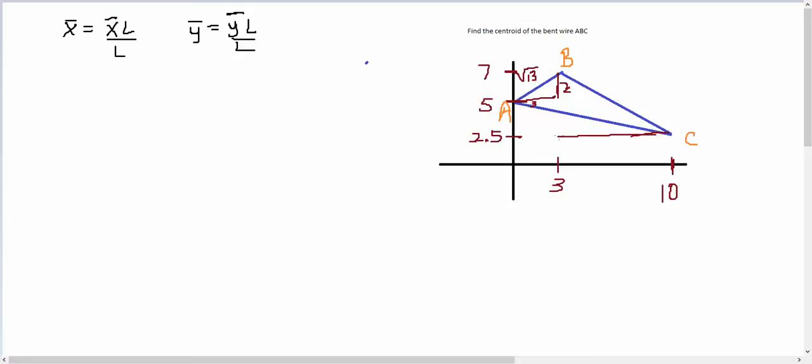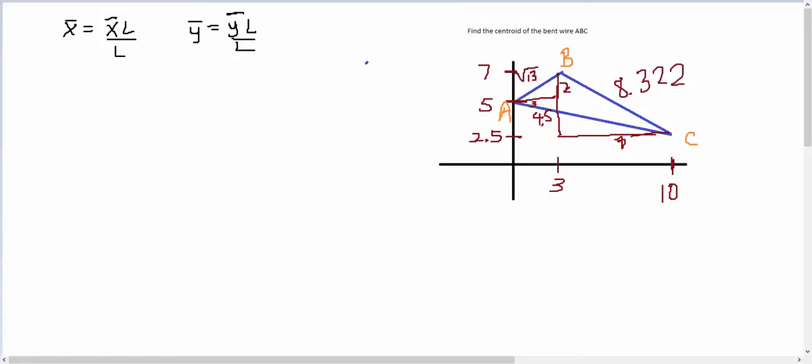This distance here is 7, and this height here is 7 minus 2.5, so that's 4.5. Using the Pythagorean theorem, we have 4.5 squared plus 7 squared, and that gives us about 8.312.